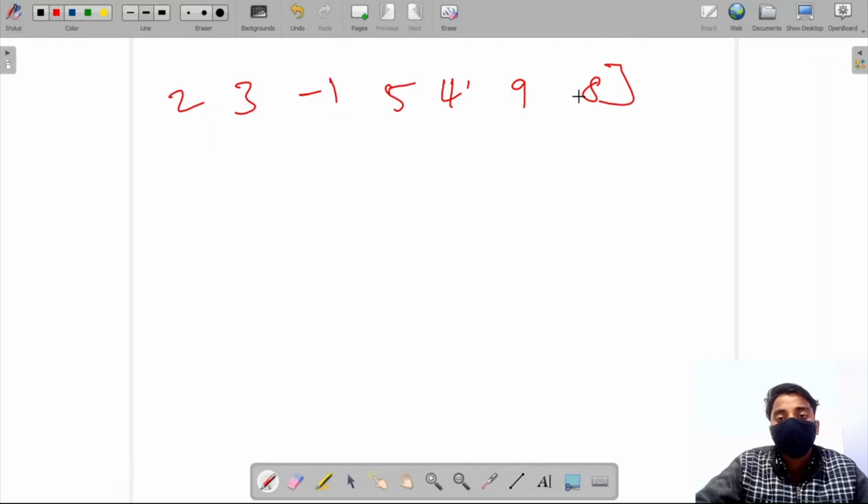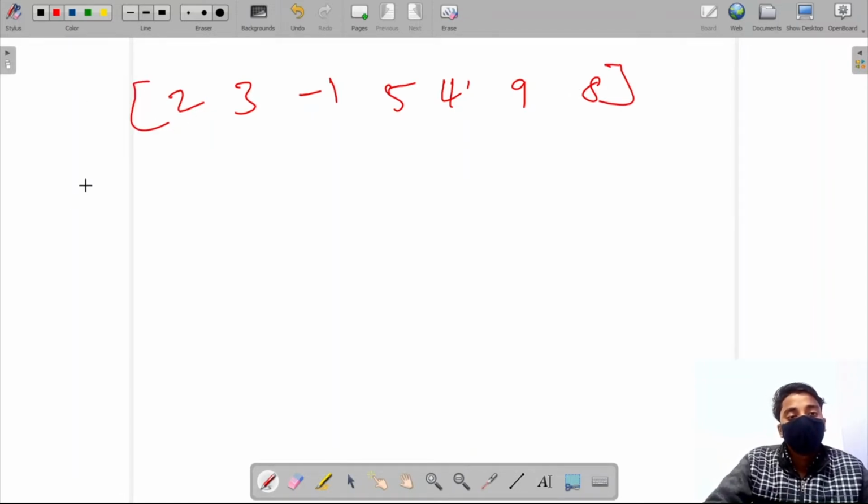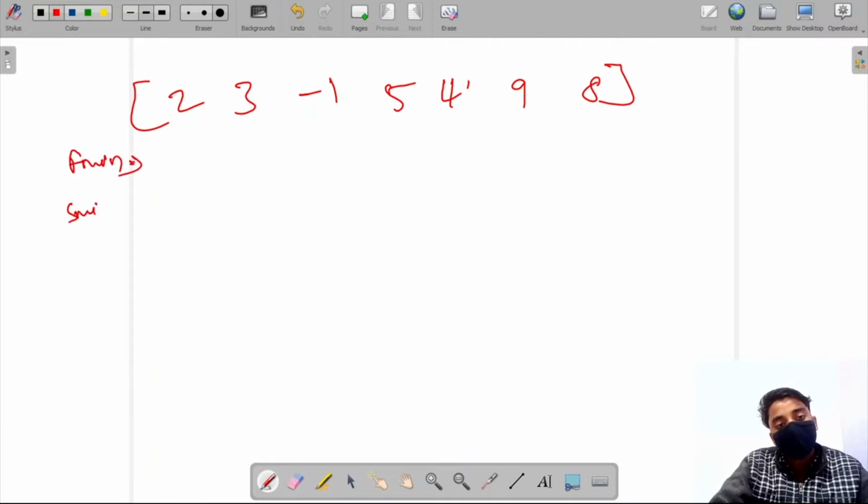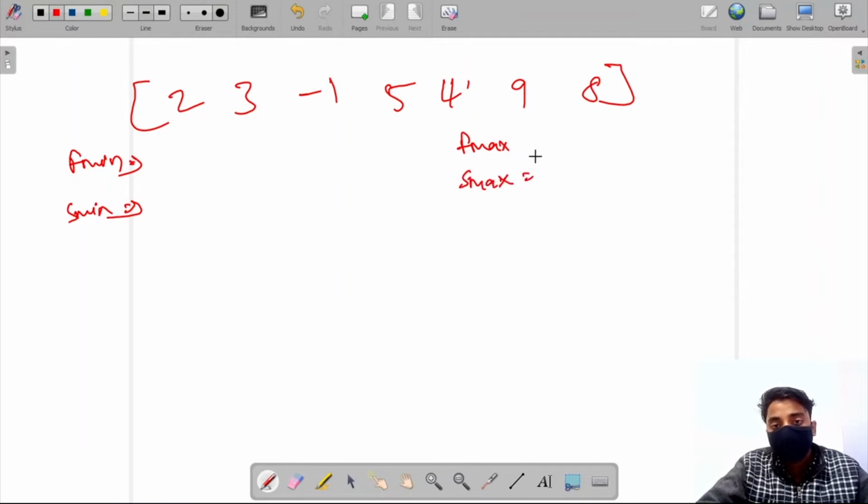Now we have these numbers. We need to find the first min, the second min, and we need to find the first max, second max, and the third max.